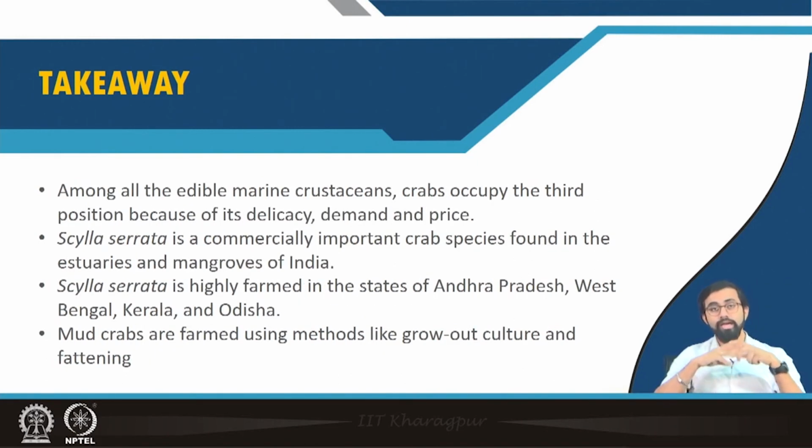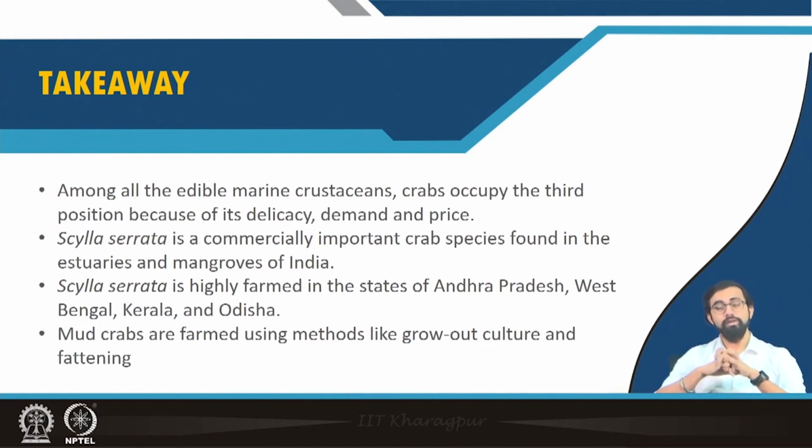So, what are the takeaway messages from this lecture? Among all the edible marine crustaceans, crabs occupy the third position because of their delicacy, demand and price, just after shrimp and lobsters, though sometimes it depends upon the people. Sometimes, people like me, I do like crabs more than lobsters. So yes, it has a huge demand.